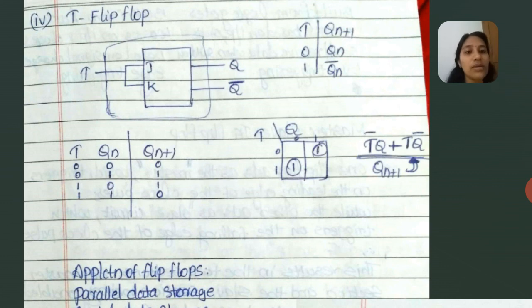If you are asked to represent the T flip-flop with the base of SR, then you have to draw the full diagram representation of JK flip-flop, which has the base of SR flip-flop. So this is all about T flip-flop.